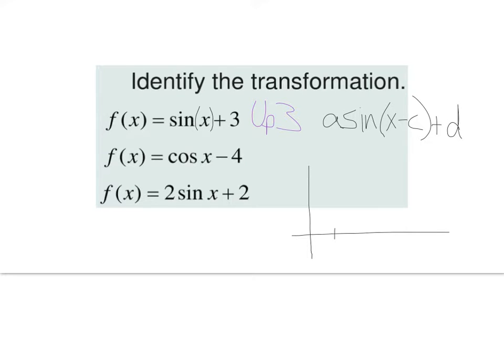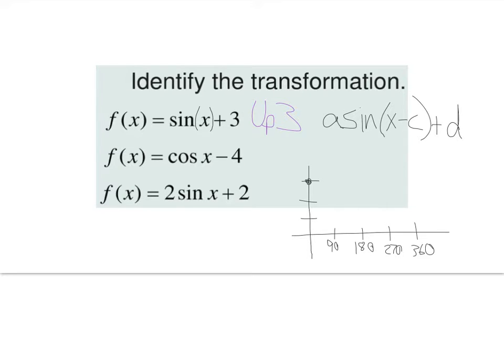So here's 0, 90, 180, 270, 360. However, instead of starting at 0, 0, I'm going to shift that point 0, 0 up 3 spaces. So 1, 2, 3. And there's a point.